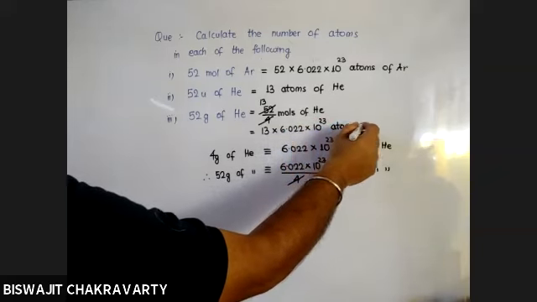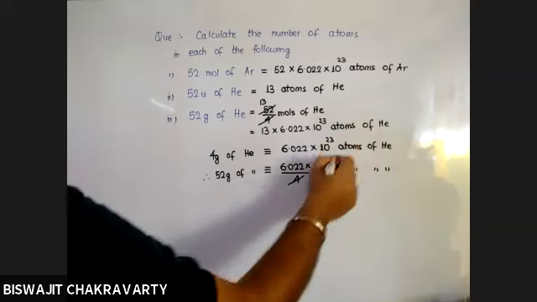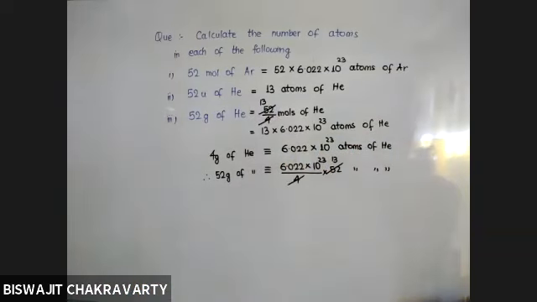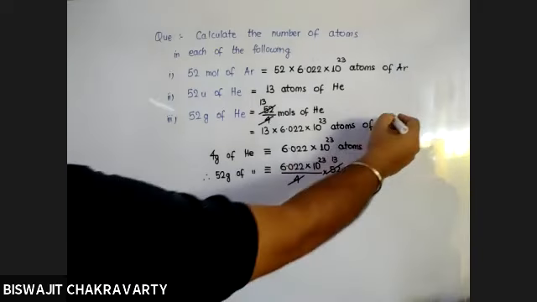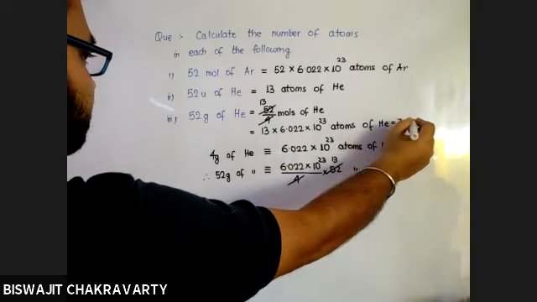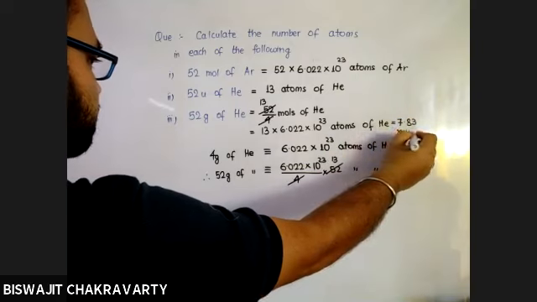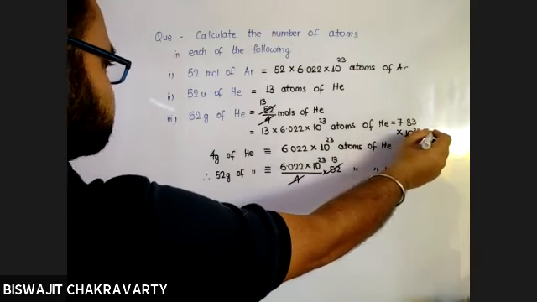See, both will give you the same answer, 13 into Avogadro's number. How much will it come out to be? Sir, 7.83 into 10 to the power 24 atoms.